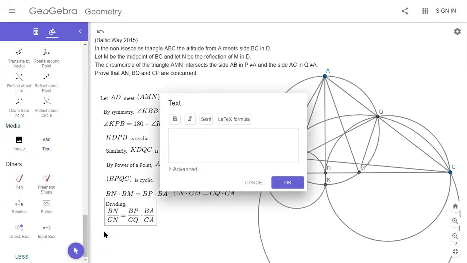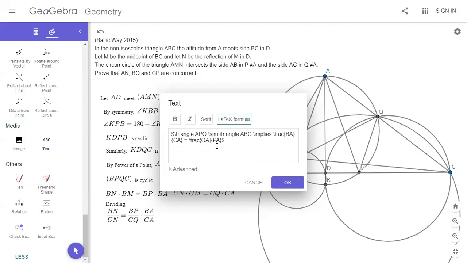And APQ is similar to ABC. So we have BA over CA is equal to QA over PA.